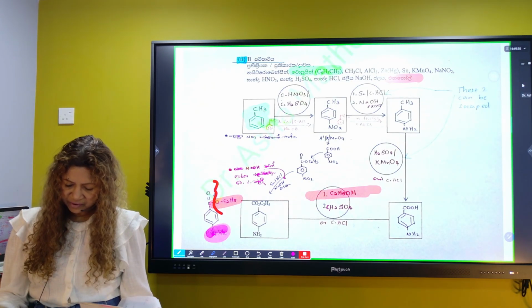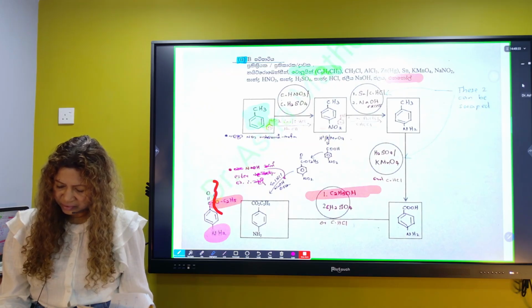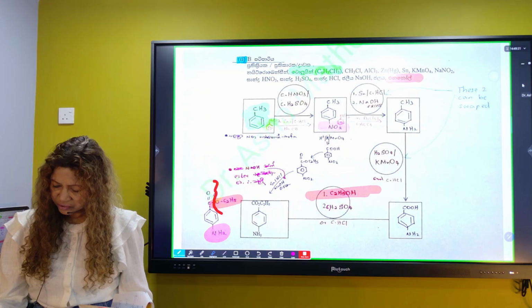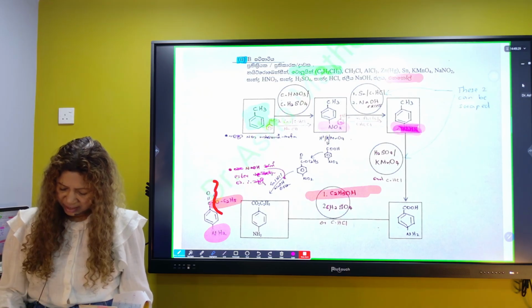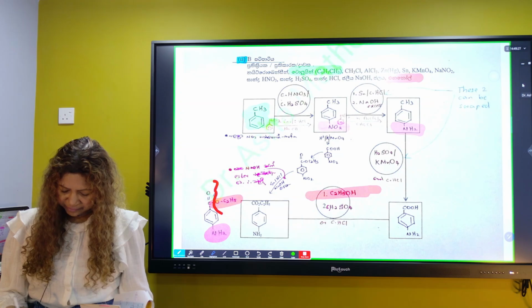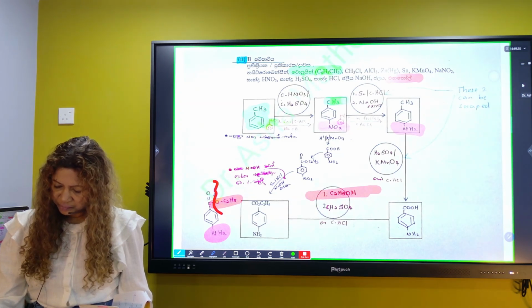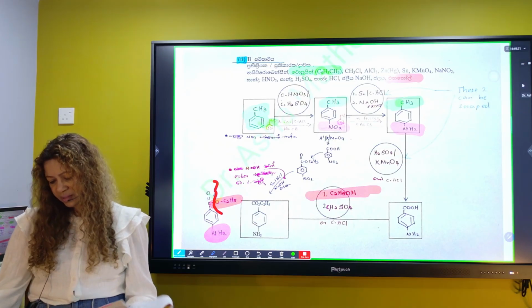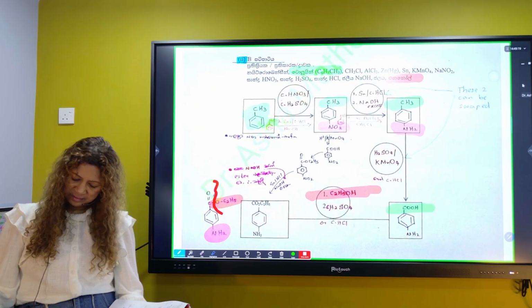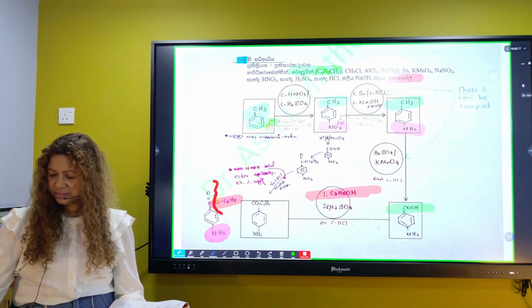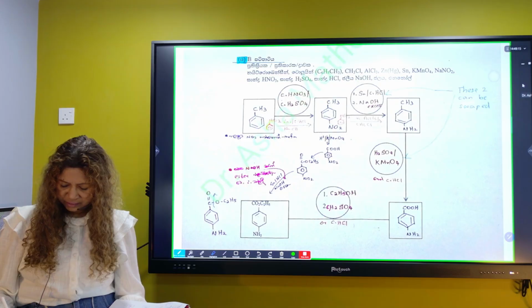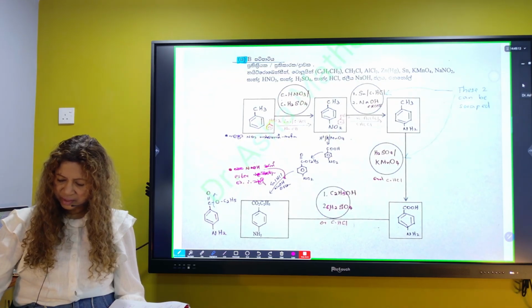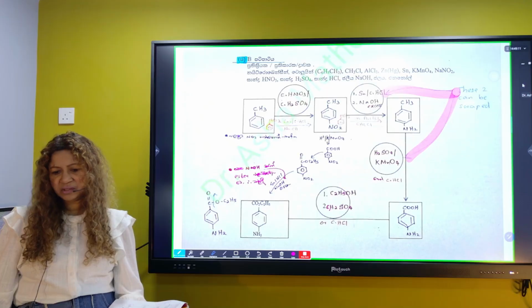So you're going to start by going to NO2, convert it to NH2, and then you can convert this CH3 group here to COOH. And then esterification, the last step. You can swap these two. There are no interactions even if you swap these two steps.